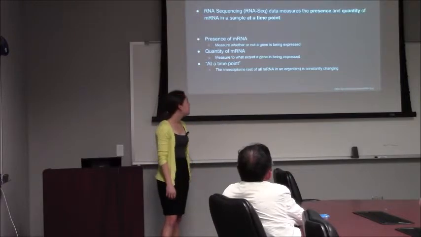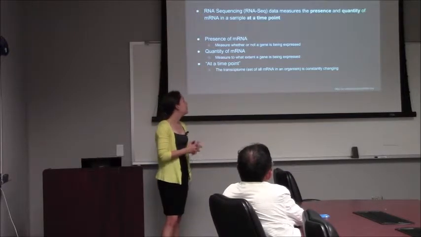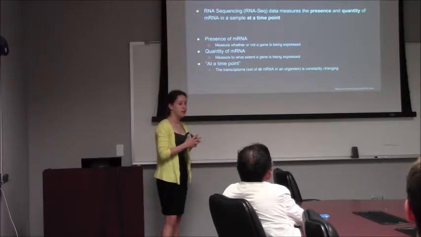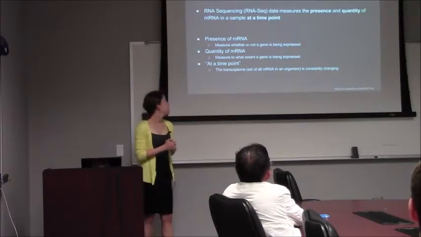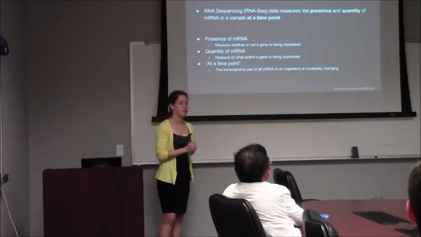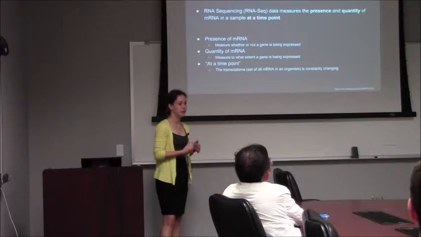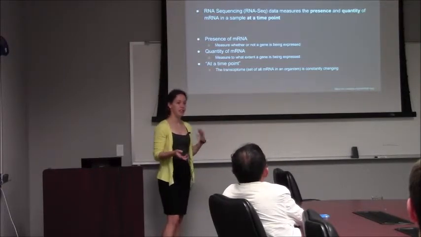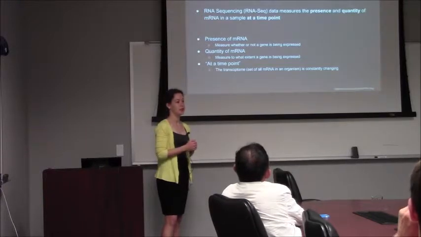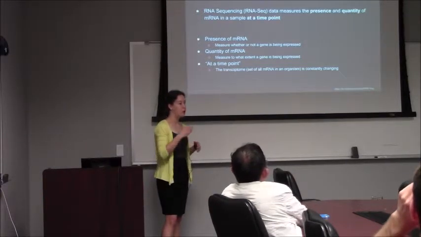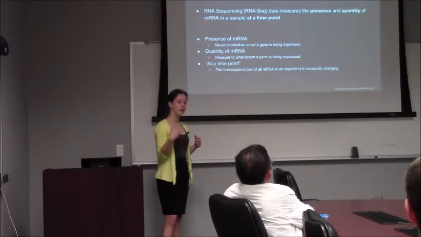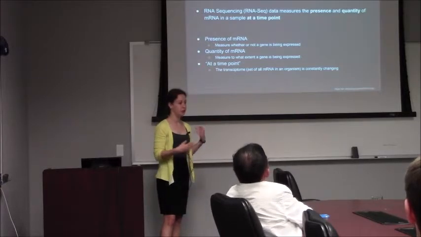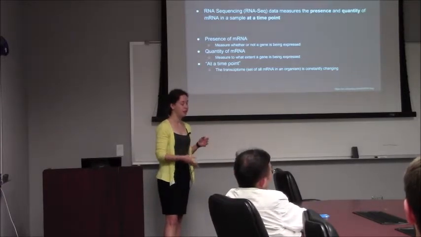What this data can tell you is the presence and quantity of RNA in a sample at a time point. Breaking that down, the presence is whether this gene is being expressed at all, a yes, no. You can also get a measure of how many reads, how much mRNA you found, so a quantity.